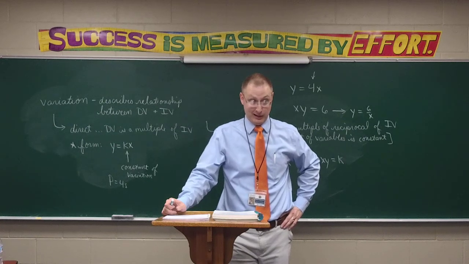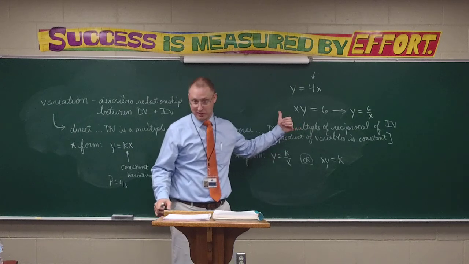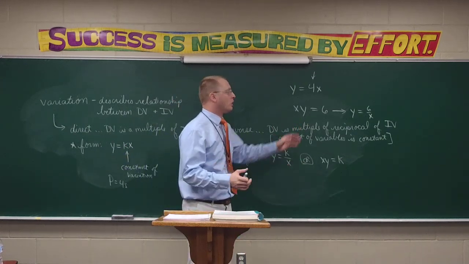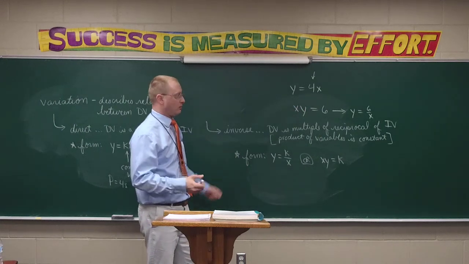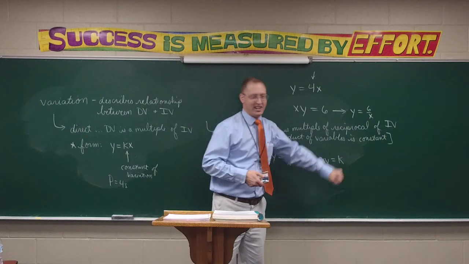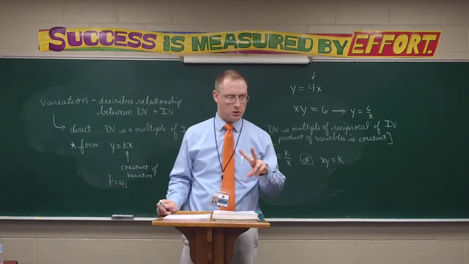Not me. And I'm pretty smart. I'm smart enough to figure out the product stays the same every time. So to me, that's the easier way to look at inverse variation, but technically it is true. 6 times the reciprocal of the x value always gives the y value. 6, our constant of inverse variation. Do we see that? Questions on these two types of variation?